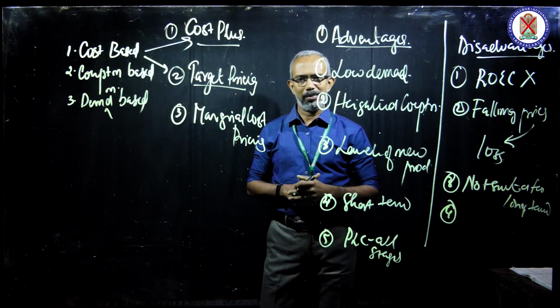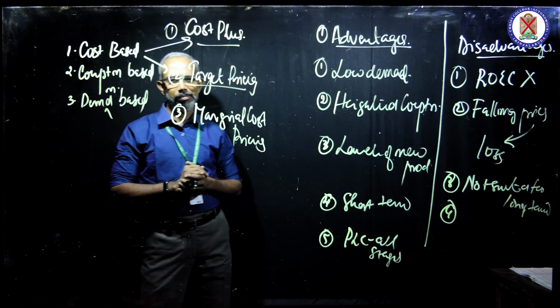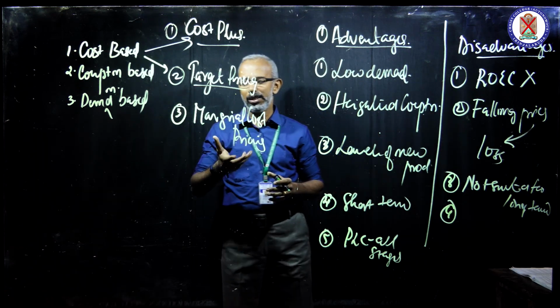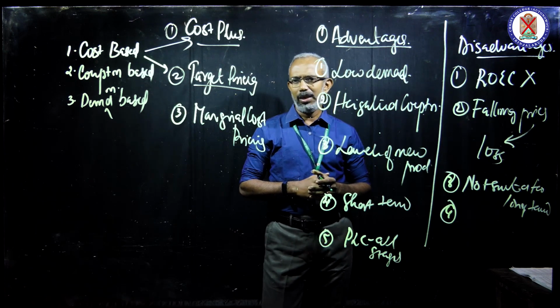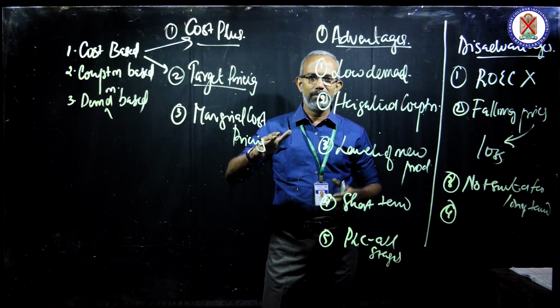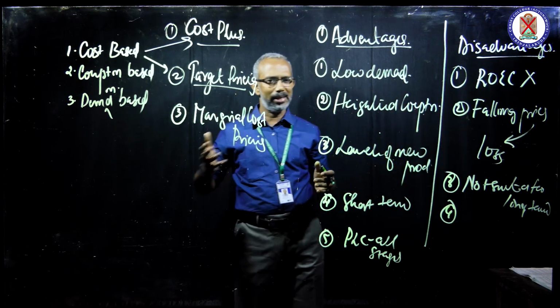And in point 4, we need to understand your marginal cost pricing can be a difficult technique to employ. Why? It needs a perfect understanding of what your marginal costs are, what your variable costs are. It is not as easy as your cost plus pricing, where you include all costs, add a certain profit percentage, and presto, you have your price. It's not like that.